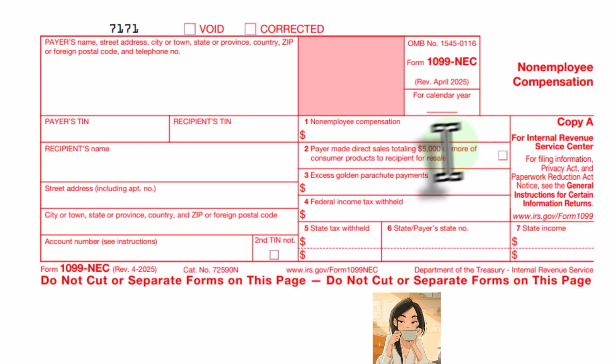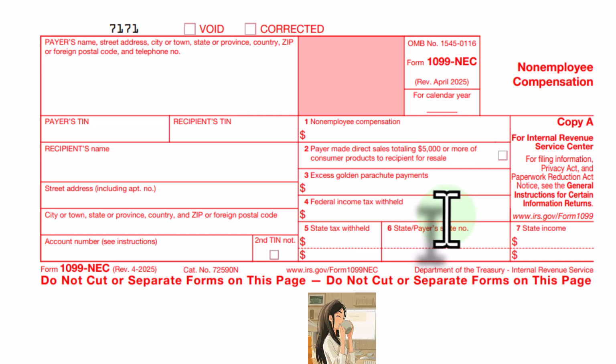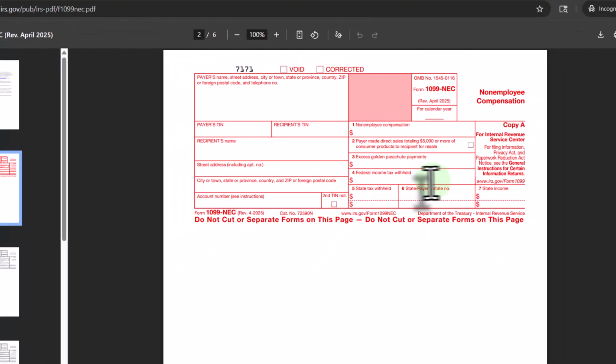And it's pretty straightforward, right? You've got line 1, non-employee compensation. You would typically not have any federal income tax withheld unless there were some problems, like you couldn't get their social security number, in which case you might have to withhold, or whatever would be the compensation or the problem with that.